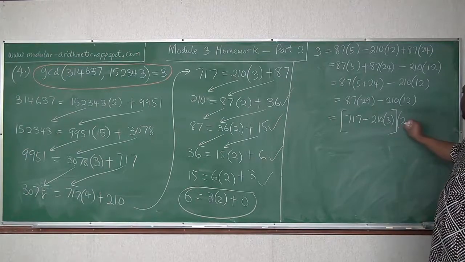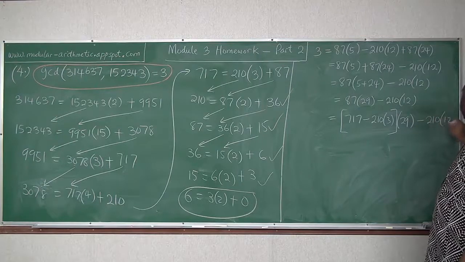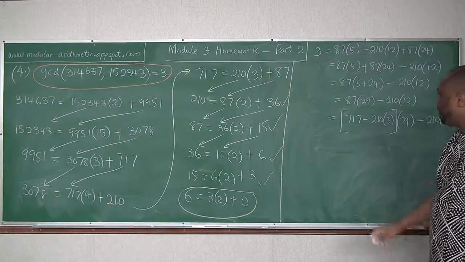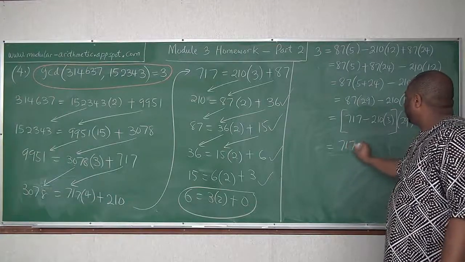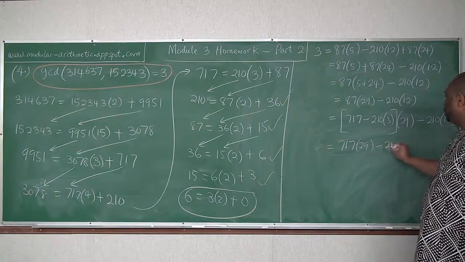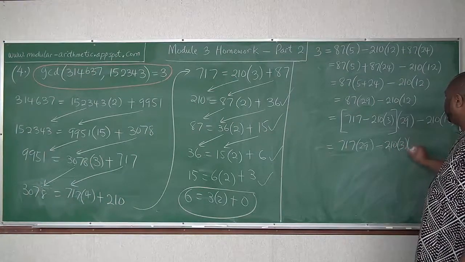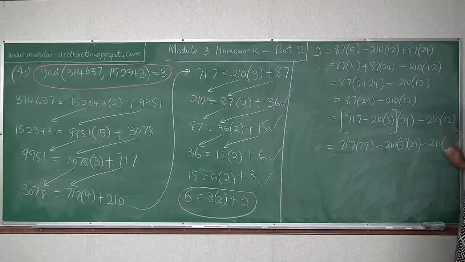Then this times 29 minus 210 times 12. We distribute: 717 times 29 minus 210 times 3 times 29 minus 210 times 12.